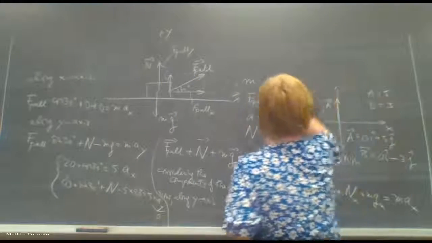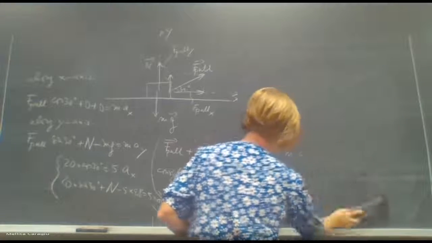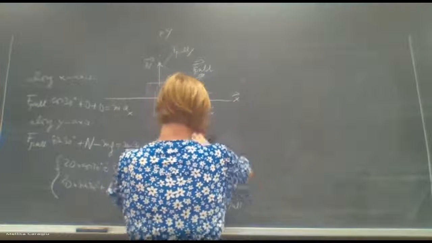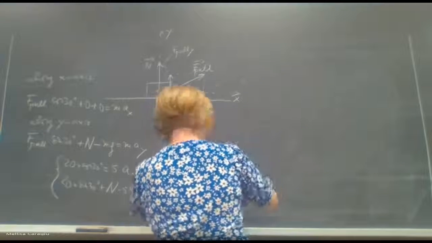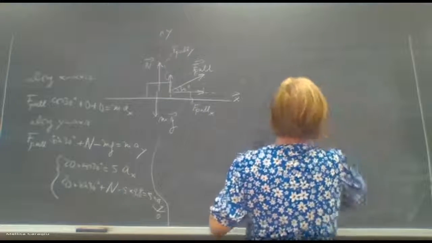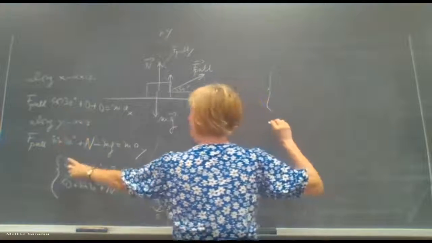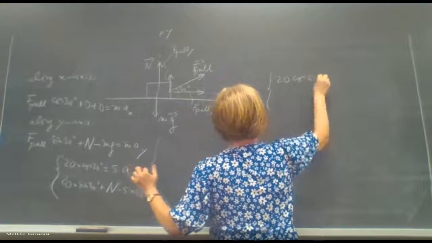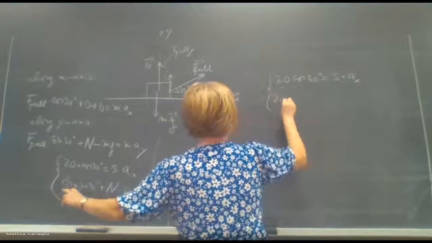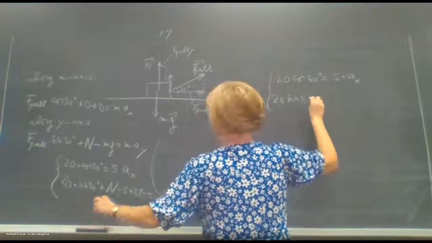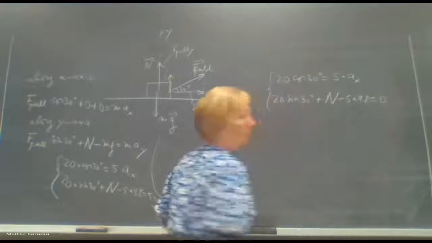So let me clean up stuff. So cleaning up, we come to the following two equations, two unknowns. 20 cosine 30 equals 5 times acceleration along x, and 20 sine 30 plus N minus 5 times 9.8 equals 0.